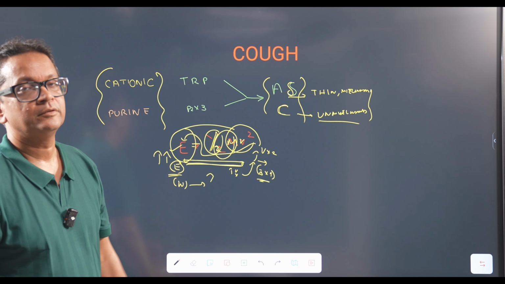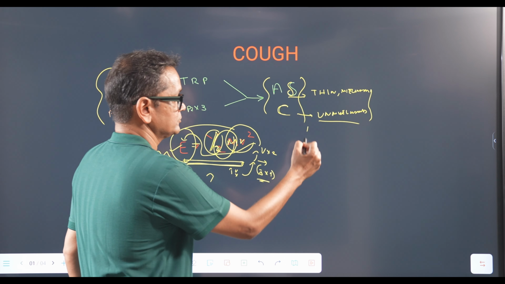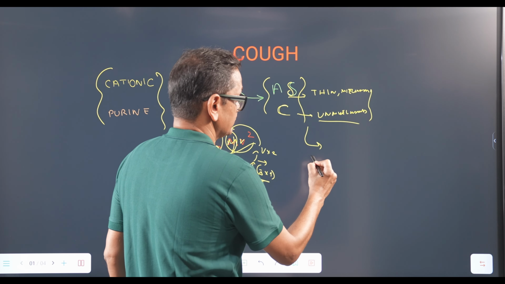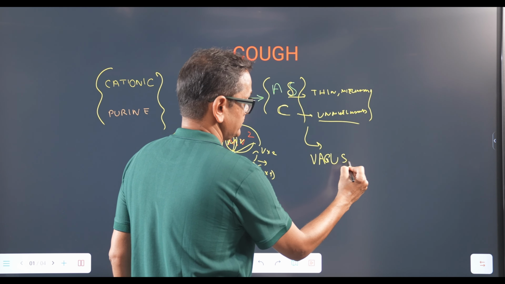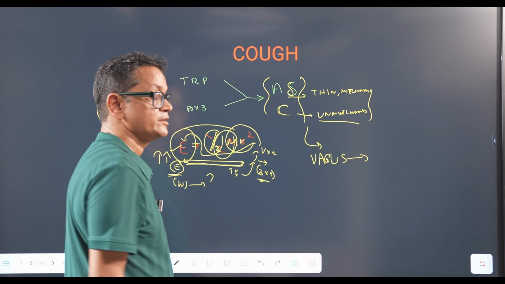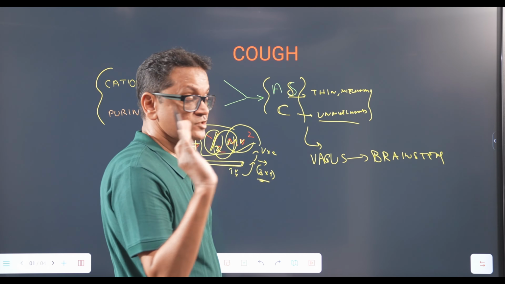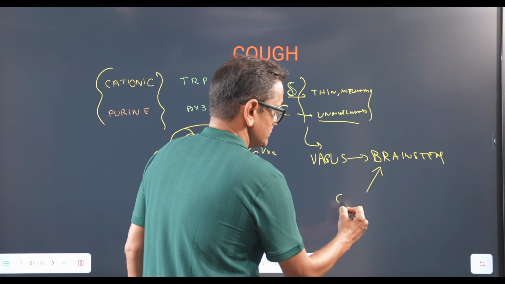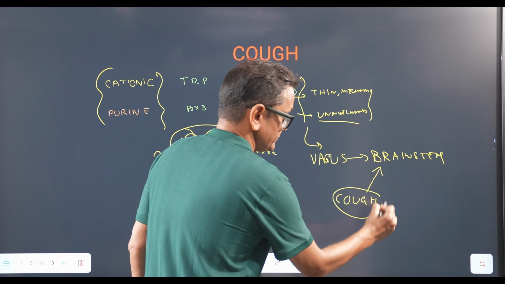Got the point? So all these nerve fibers traverse through our largest cranial nerve, the 10th cranial nerve, the vagus, and these impulses reach the brainstem. Remember this point: this cough is voluntarily controlled by our cortical centers.